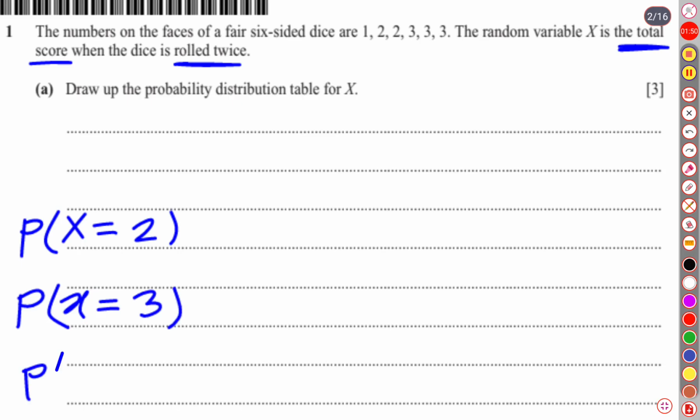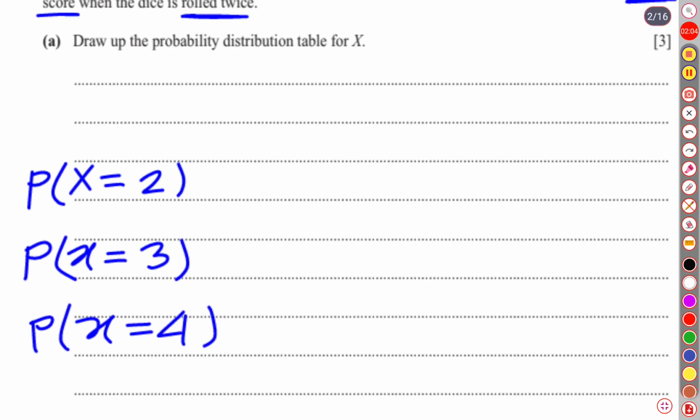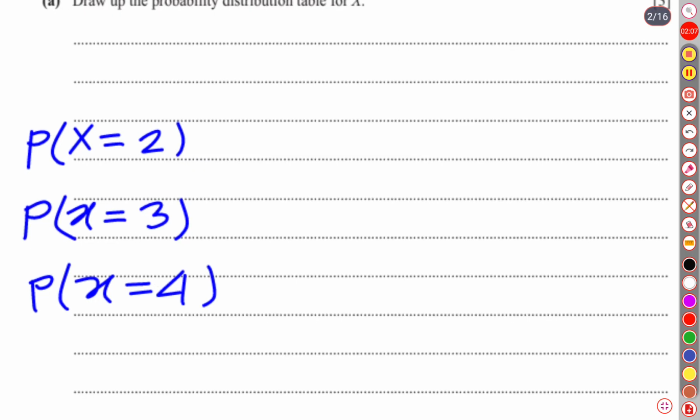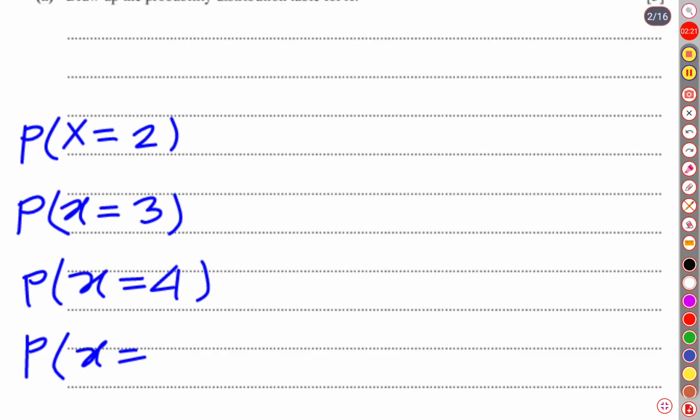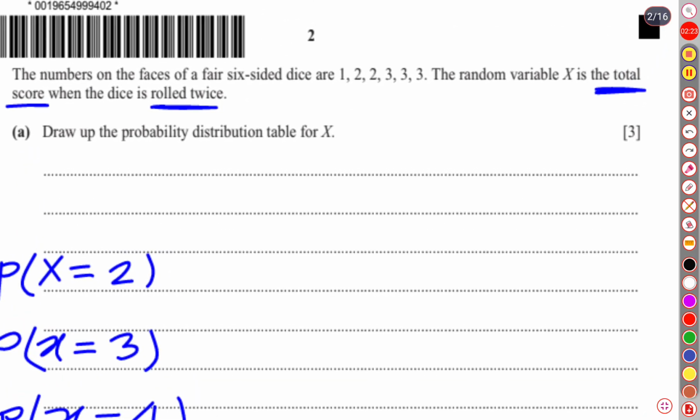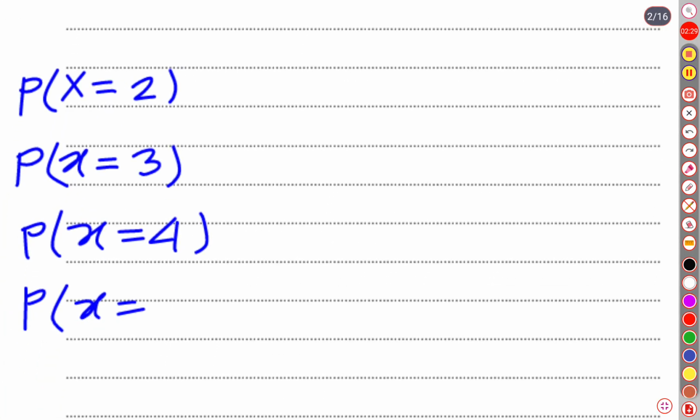On the first roll we may get 1 and in the second roll we may get 3, so the total score is 4. But in the first roll if we get 2 and in the second roll we get 3, it is going to be 5.